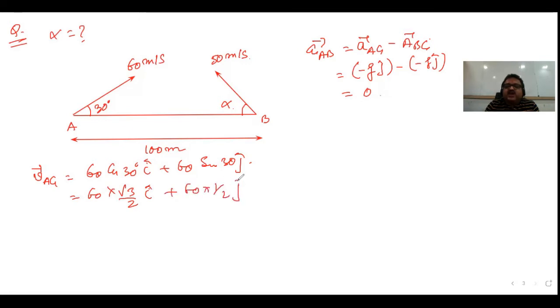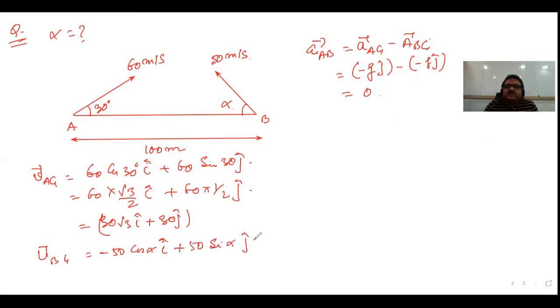Half j cap, and that is equal to 30 root 3 i cap plus 30 j cap. What is the velocity of B with respect to ground? That is minus 50 cos alpha i cap plus 50 sin alpha j cap.